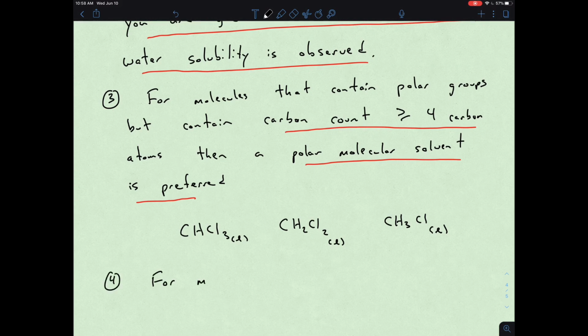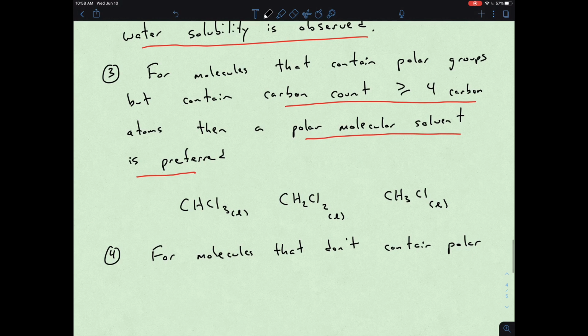For molecules that don't contain polar groups, then a nonpolar molecular solvent is preferred.